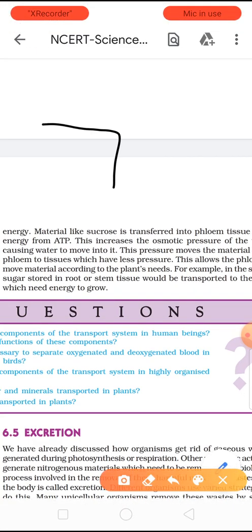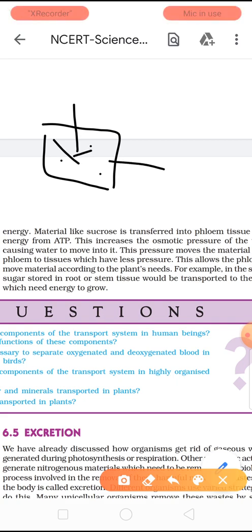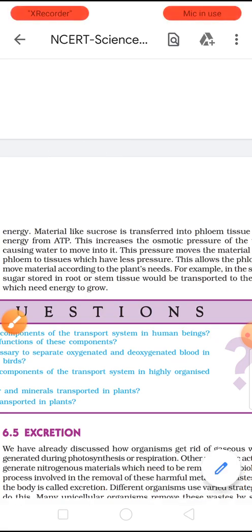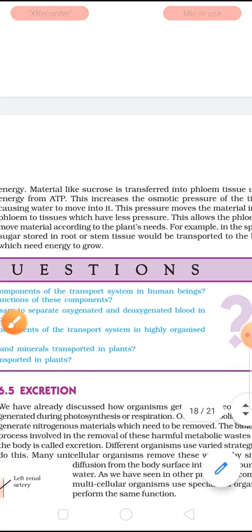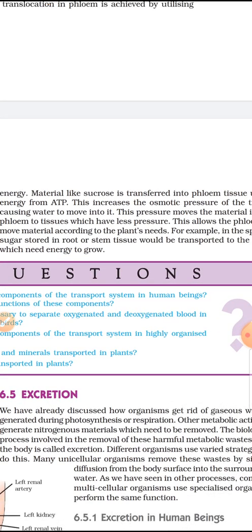When the pressure gets increased, water molecules will move inside it, and this pressure moves the material in the phloem. So due to this pressure, water moves inside, and the material which we are talking about will move into the phloem.